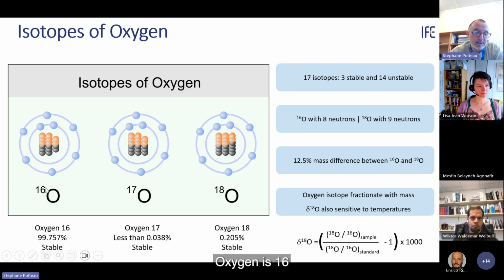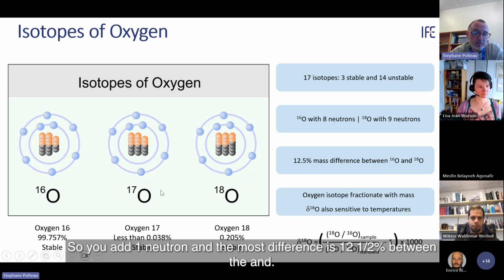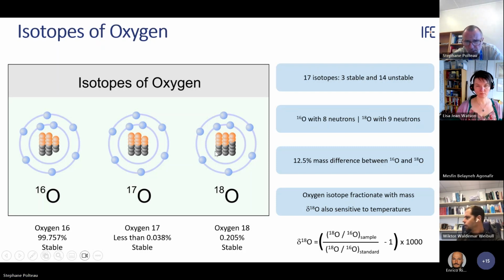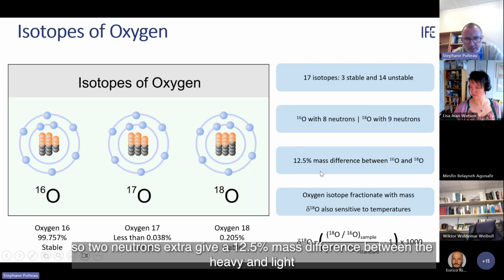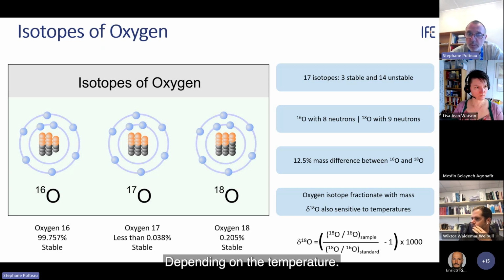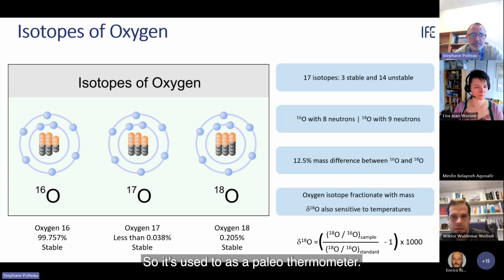Oxygen is atomic mass 16, and we usually look at the ratio between 16 and 18. So 2 extra neutrons give a 12.5% mass difference between the heavy and light, and oxygen will fractionate with mass. Oxygen usually fractionates depending on the temperature, so it's used as a paleo thermometer.